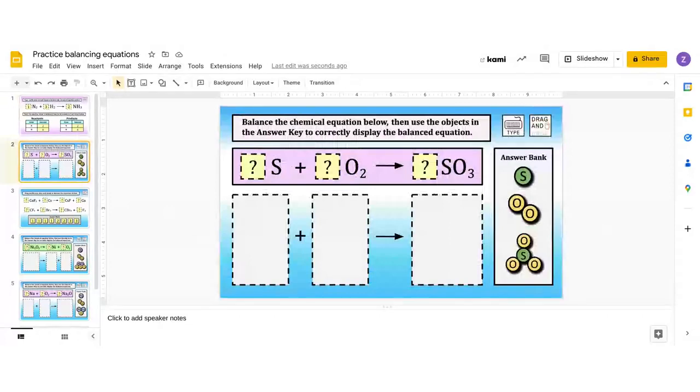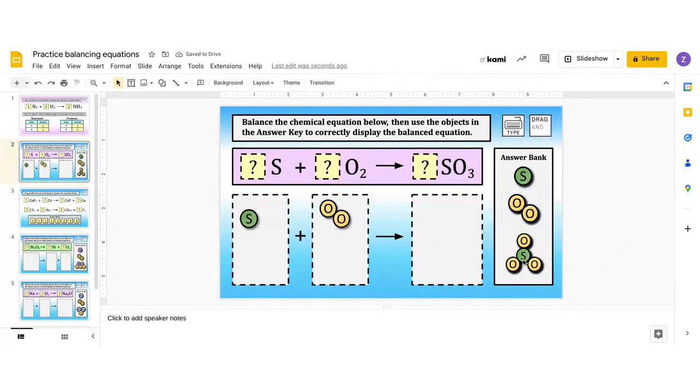There you go. All right, so what they want you to do here is drag the sulfur. So you got one sulfur, put that over there, the S, and put it in the box underneath the S. Good. And then O2, so we're going to take two of those O's and drag them over there. Yep.